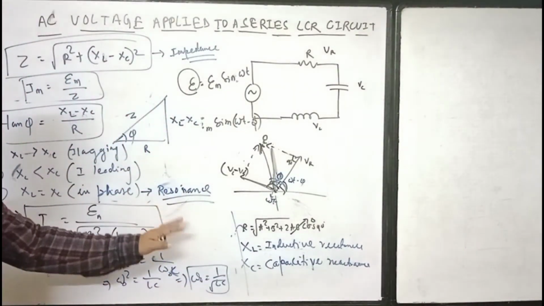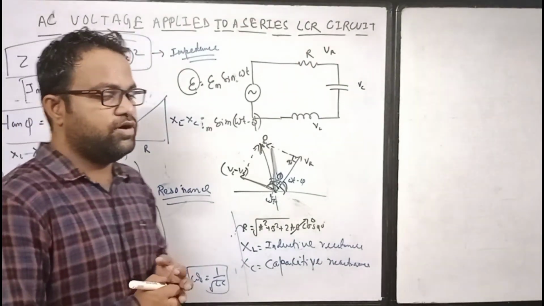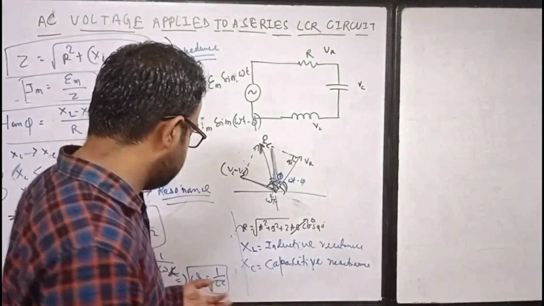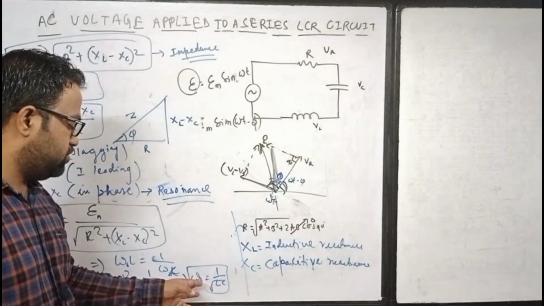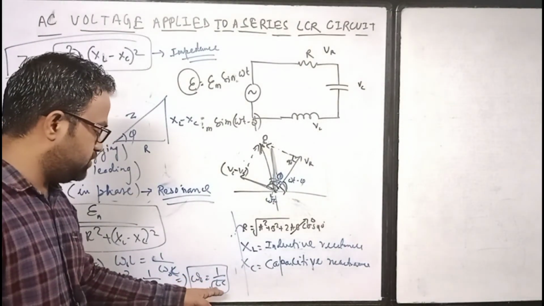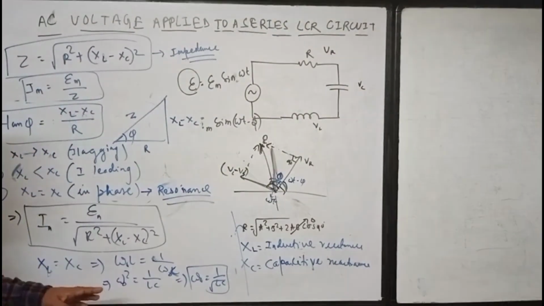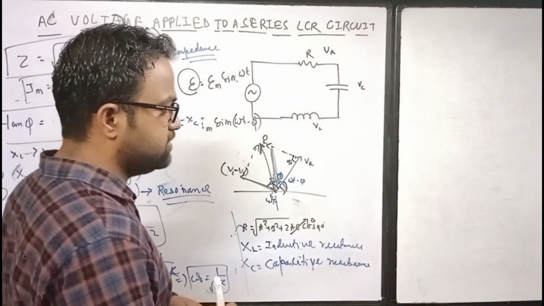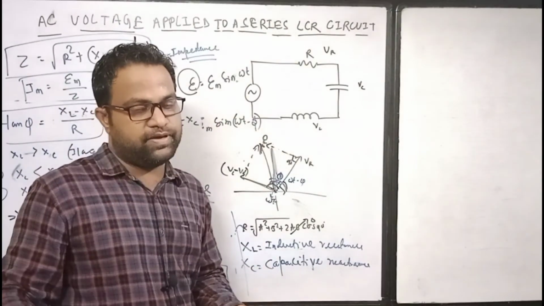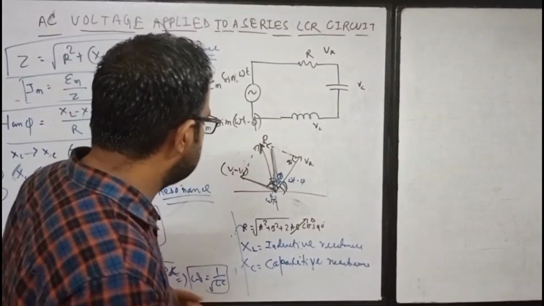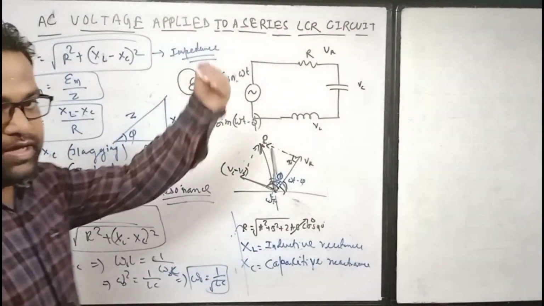For a circuit, resonance will happen when the frequency equals 1 upon root over LC, or you can say omega L equals 1 upon omega C. In that case, resonance will take place. That means I will be in the same phase as the applied voltage, so you will get a higher current.